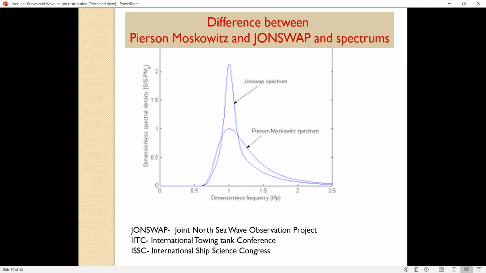There is another spectrum called the JONSWAP spectrum, and then the Pierson-Moskowitz spectrum. People compare these from the Joint North Sea Wave Observation Project. I was talking about ITTC, the International Towing Tank Conference, and the other one is ISSC, the International Ship and Offshore Structures Congress. These are societies meant for this. For four years they work, and then they meet once to give the sea state, which will be used by the community.